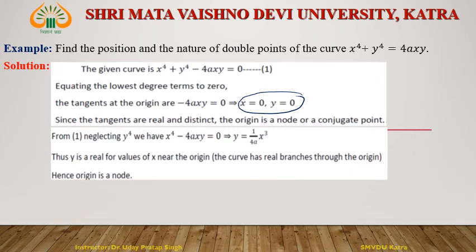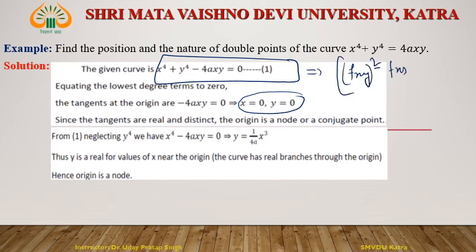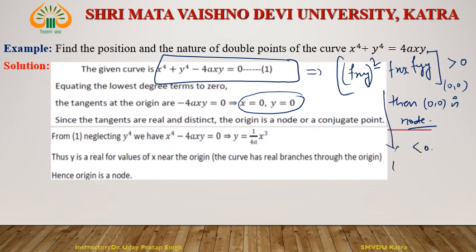At this (0, 0), you have to evaluate from this equation: what is fx, fxy whole square, fxx, fyy, and check at the point (0, 0). If it is greater than 0, then (0, 0) is a node. Okay, if this thing is less than 0, then (0, 0) is a conjugate point. Okay, this is the conjugate point.